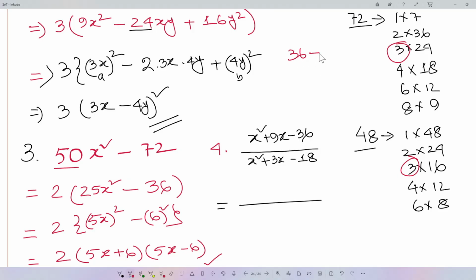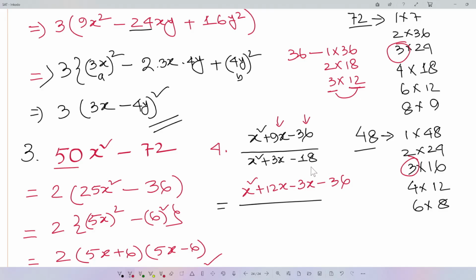36 means 1 times 36, 2 times 18, 3 times 12. Look, this 12 and 3 have a relation. 3 times 12 is 36 and 12 minus 3 is 9. So we can write x² plus 12x minus 3x minus 36.